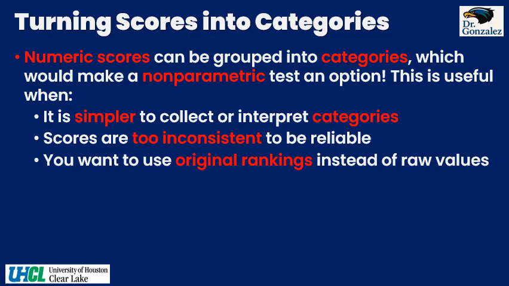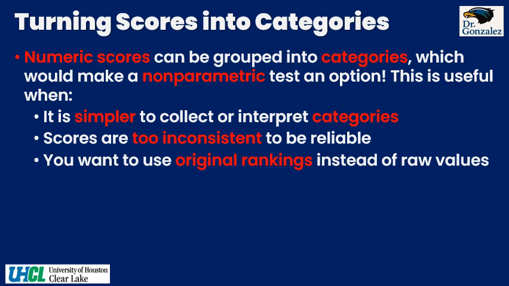You may find yourself in a situation where your data violates one of those assumptions, and you may find yourself in a situation where you need to turn your data from numeric scores into categories. That's okay, because if you can change your data from a numeric score and group it into a category, that opens up the possibility of doing a non-parametric test.